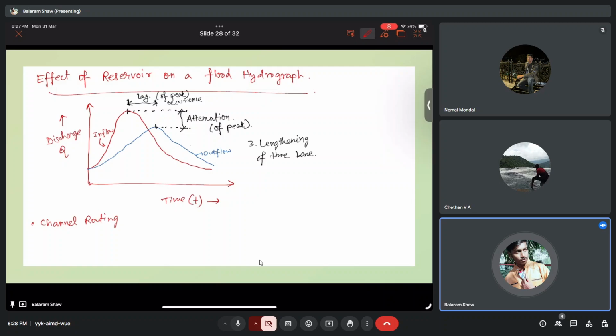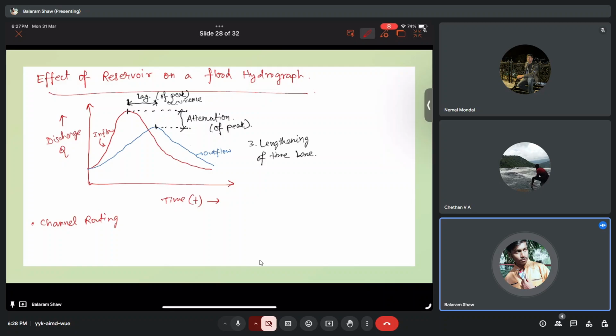Here you need to understand what the hydrograph will be. If the input hydrograph at the upstream end of the reach is known, this form of routing aims to predict the flood hydrograph at various sections of the reach. So channel routing will help you obtain information about the flood peak attenuation and the duration of high water levels.